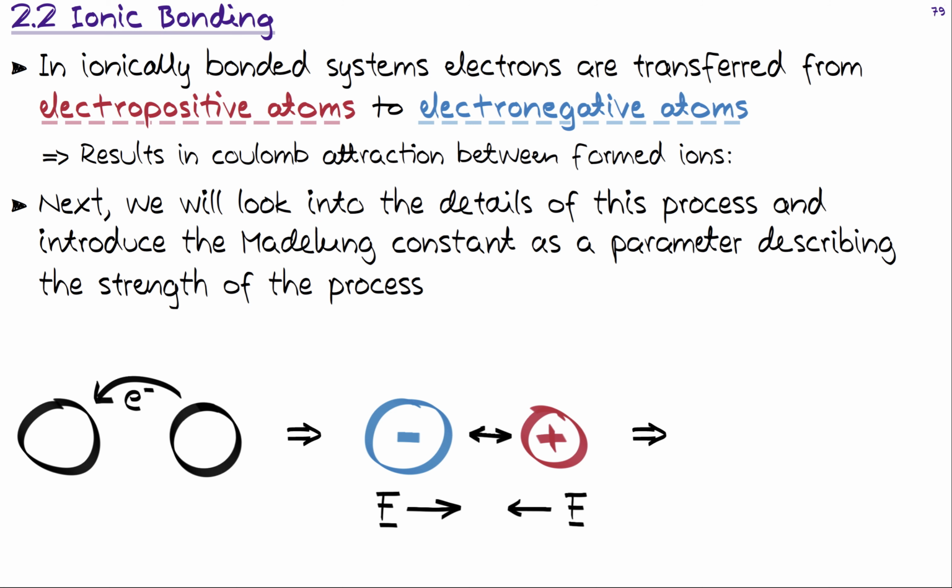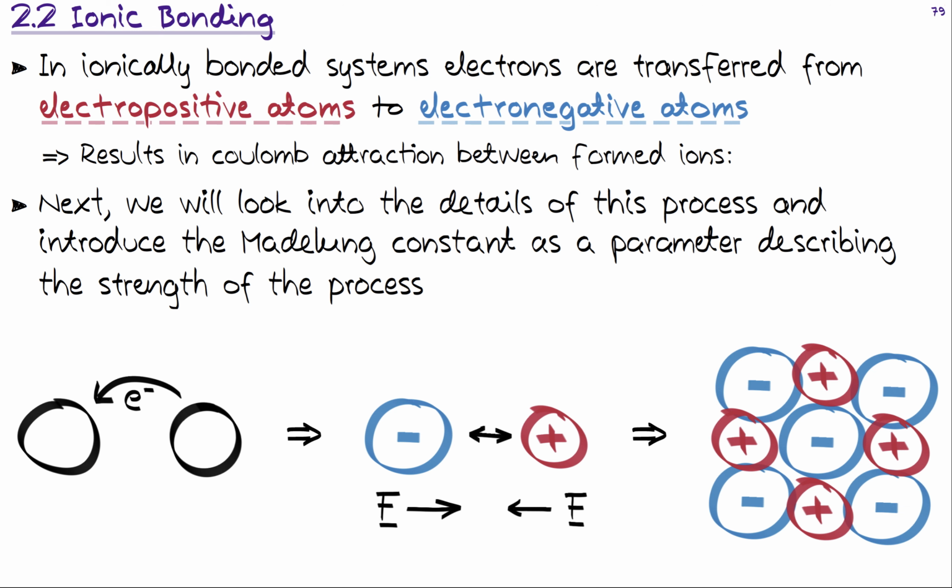One is electropositive, the one from which the electron moved to the electronegative atom, the blue minus sign sphere here. Then there will be Coulombic, electrostatic forces that put these two ions together. And when we have many of these, an ionic solid will be formed. So this is graphically what happens when ionic solids are formed.